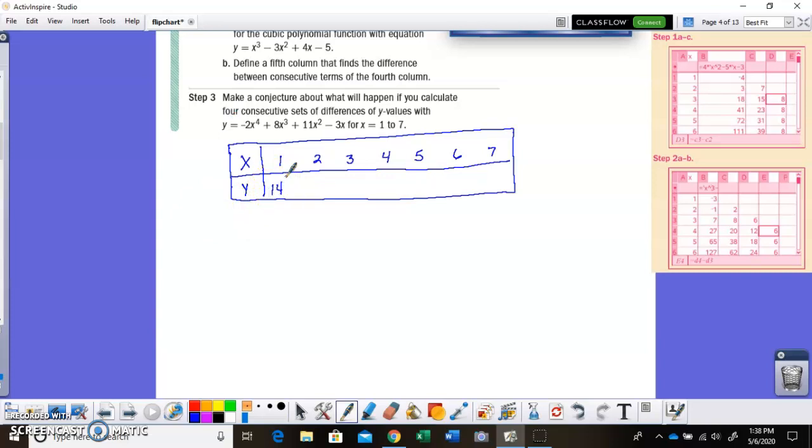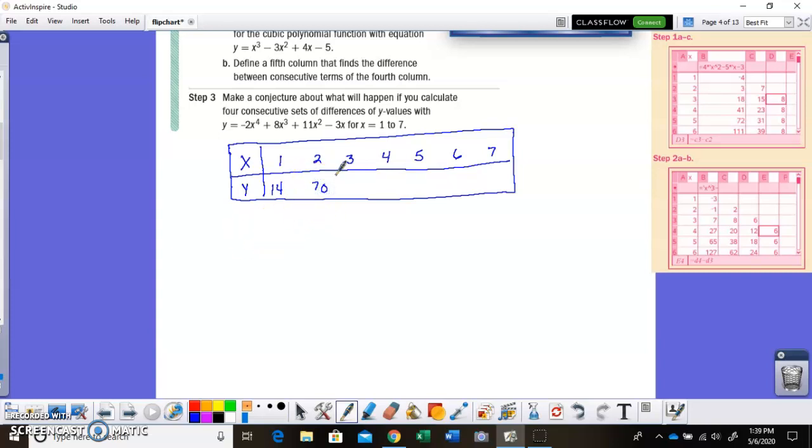Now -2 times 2 to the 4th power plus 8 times 2 to the 3rd power plus 11 times 2 squared minus 3 times 2. It's giving me a value of 70.